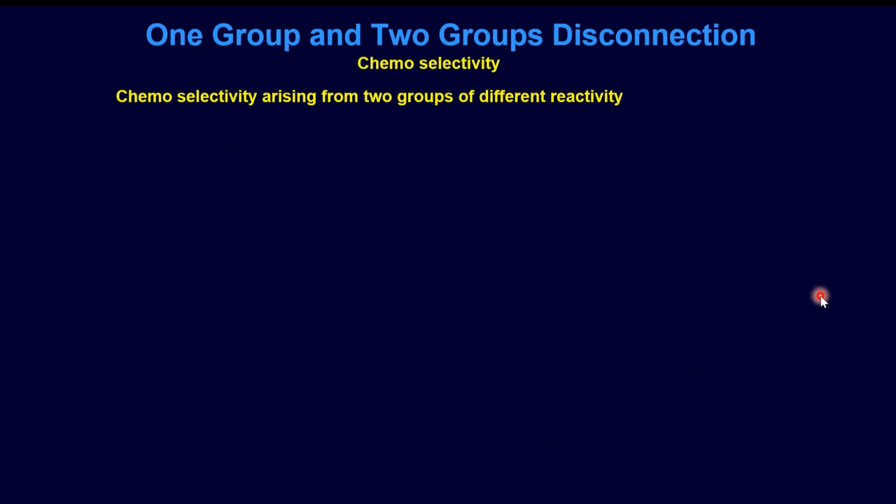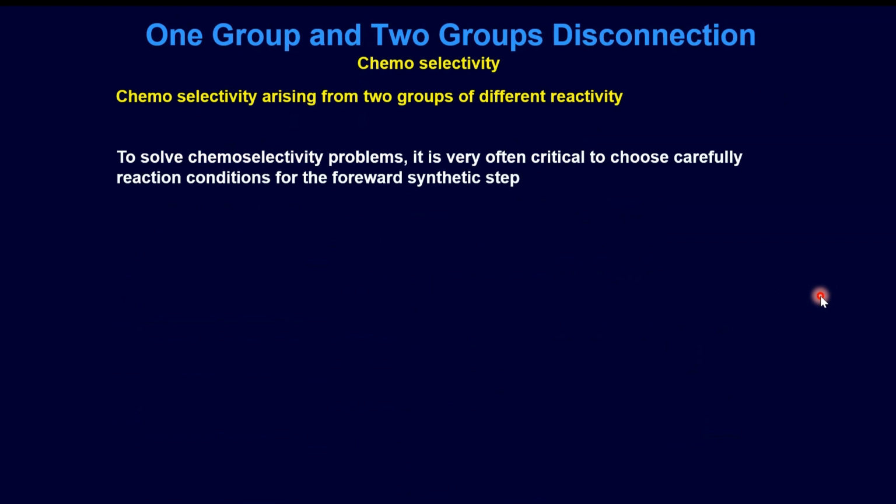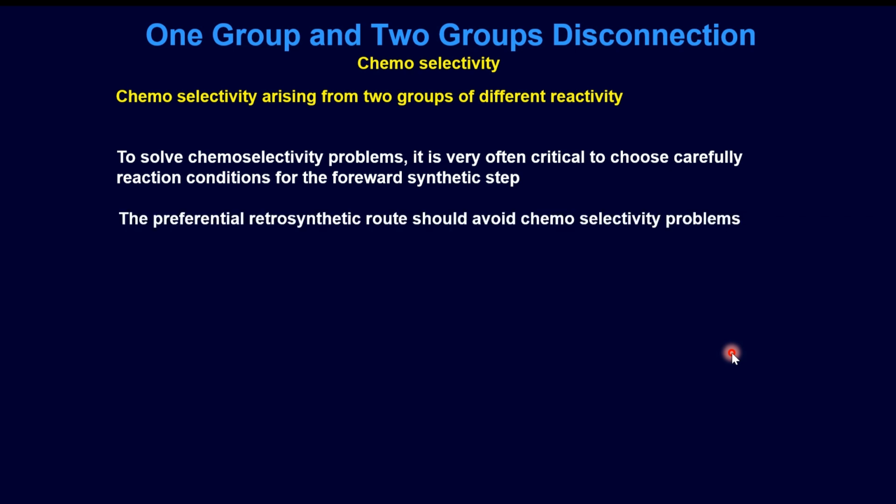When it has two groups which are different in nature and they have different reactivity, then I can choose the reaction condition so that only one group will react. If both are equally reactive, how to do that? When we do the disconnection, we have to select a synthetic route such that the chemoselectivity problem is overcome, or there is no chemoselectivity problem at all.